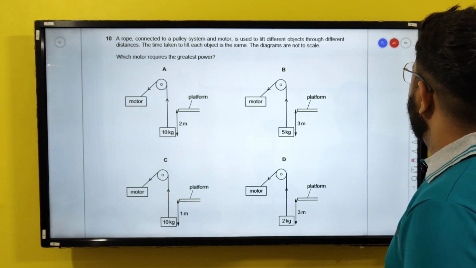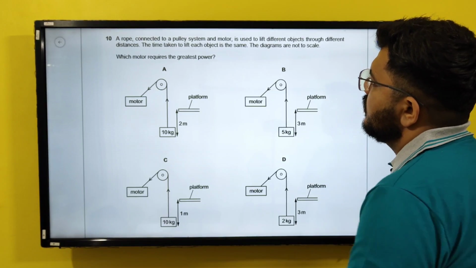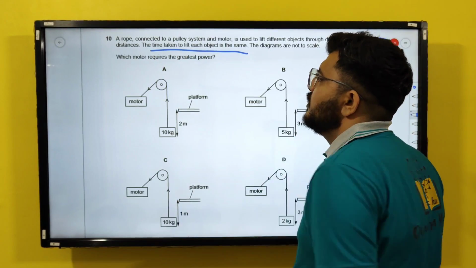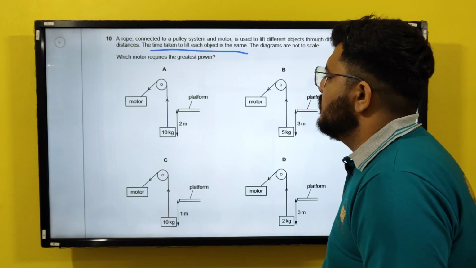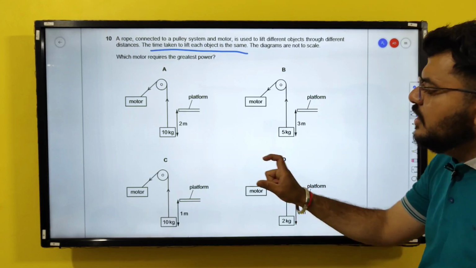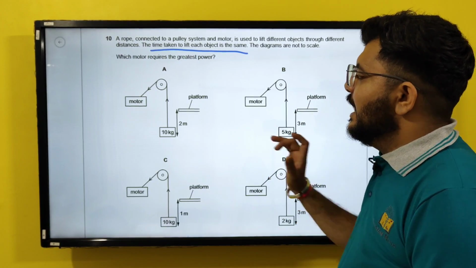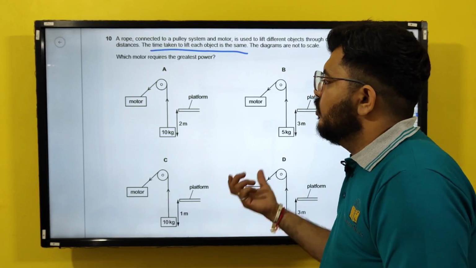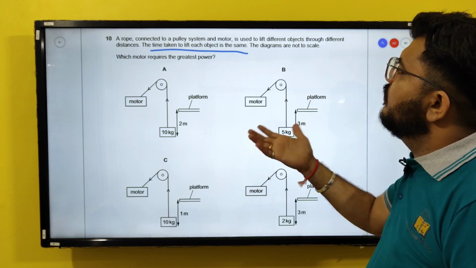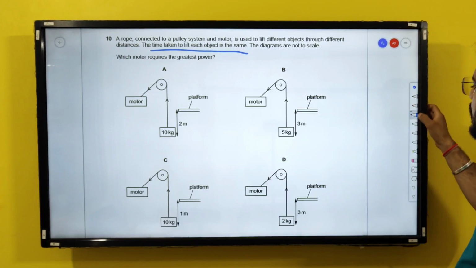Now what they have given us is a logic: the time taken to lift each object is the same. So the change in gravitational potential energy is the work done for each of the motors, right? If the time taken is the same, the motor that does the most work will be most powerful, right?